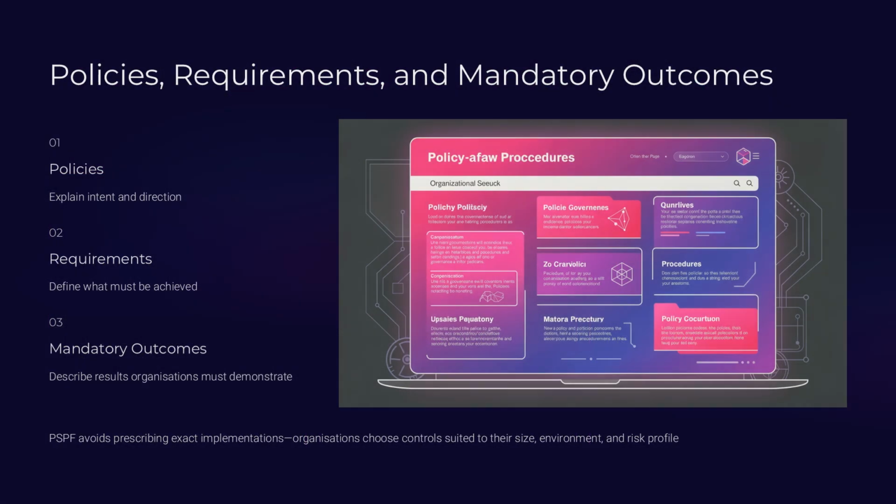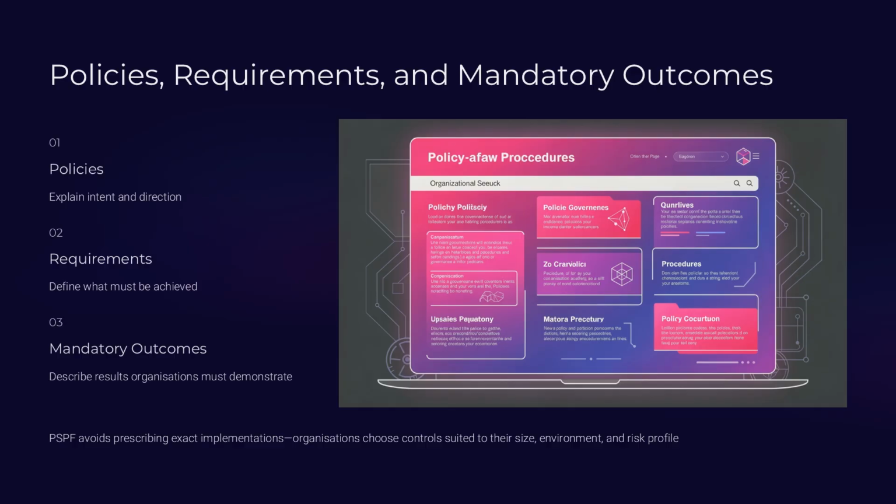One of the most important things you need to learn is how PSPF language works. PSPF is built around policies, requirements, and mandatory outcomes. Policies explain intent and direction. Requirements define what must be achieved. Mandatory outcomes describe the result that organizations are expected to demonstrate.